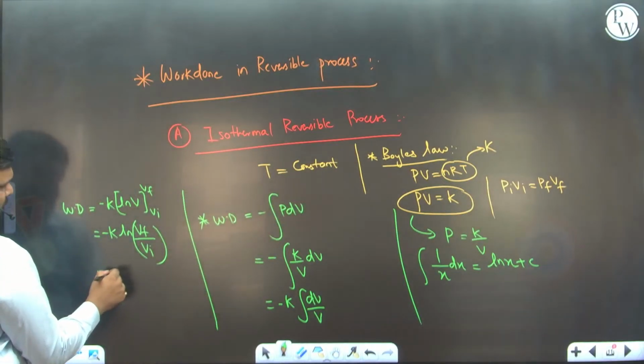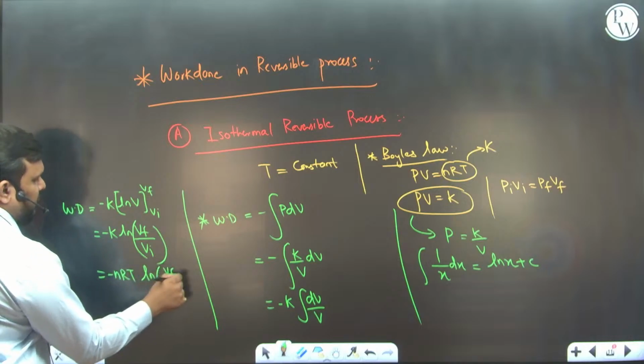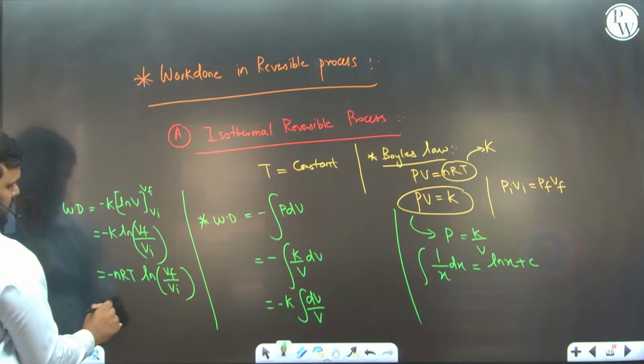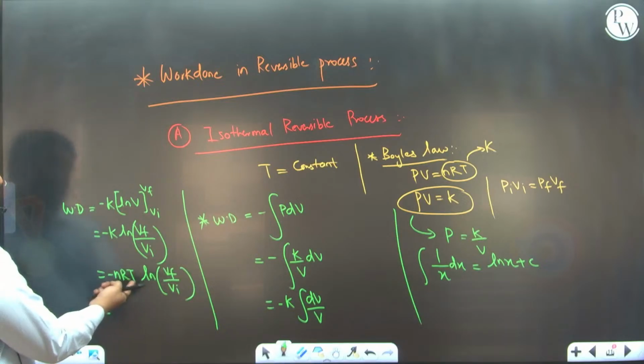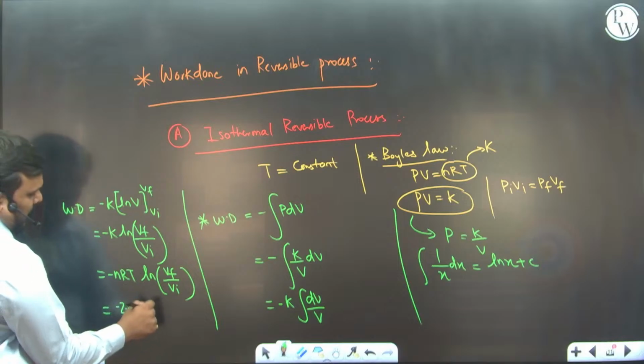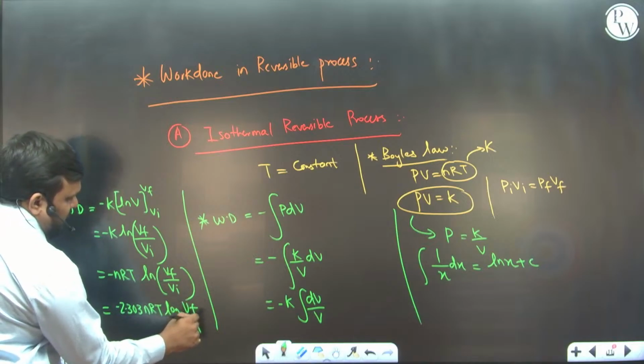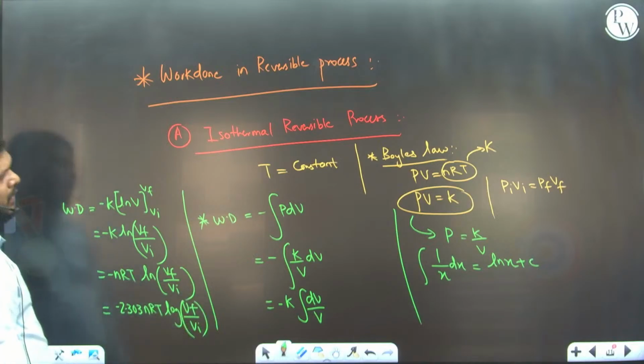So we can have minus nRT ln V final upon V initial. I want in terms of log to the base 10. So we will be having minus 2.303 nRT log of V final upon V initial.